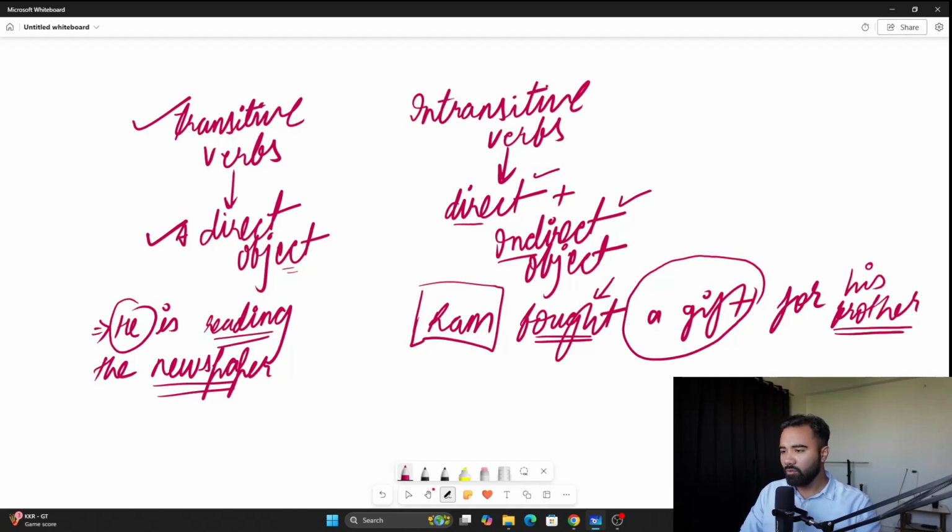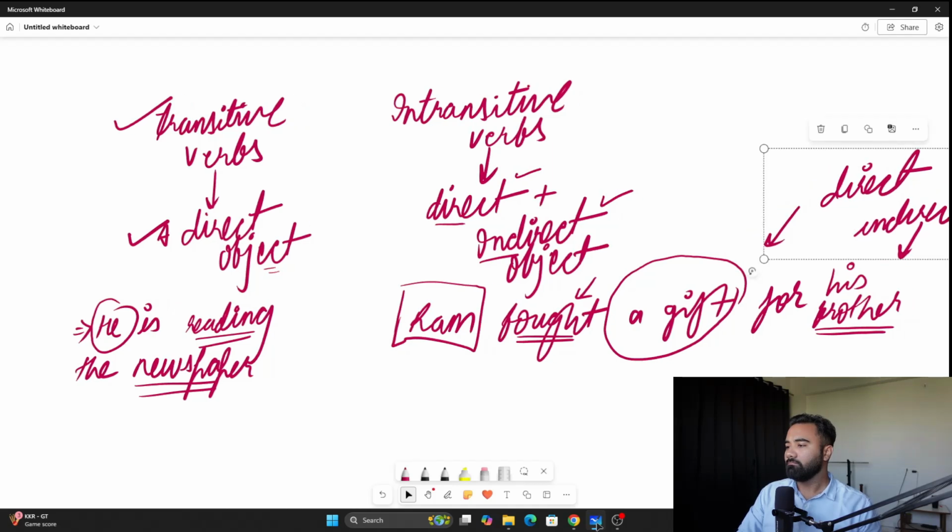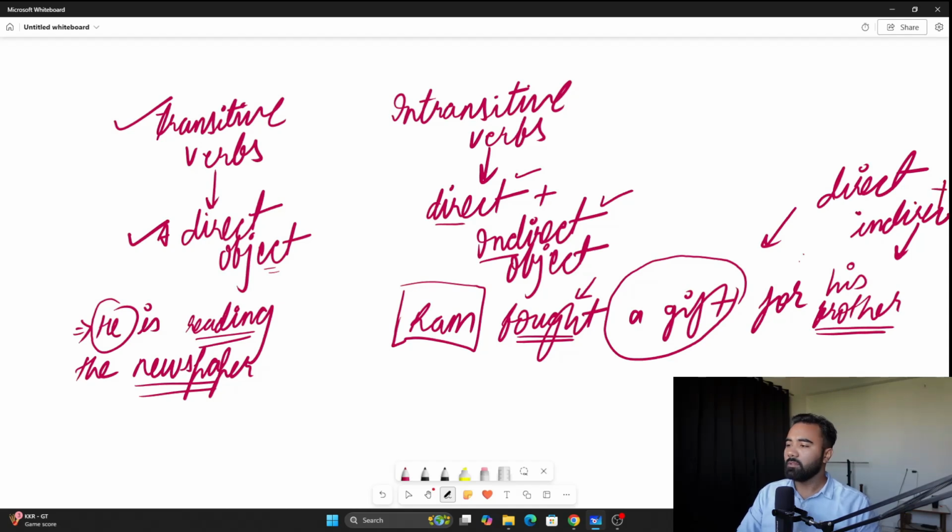So there are two objects over here. So this becomes a direct object and this becomes an indirect object. So the verb that is bought becomes an intransitive verb. I hope this is clear.